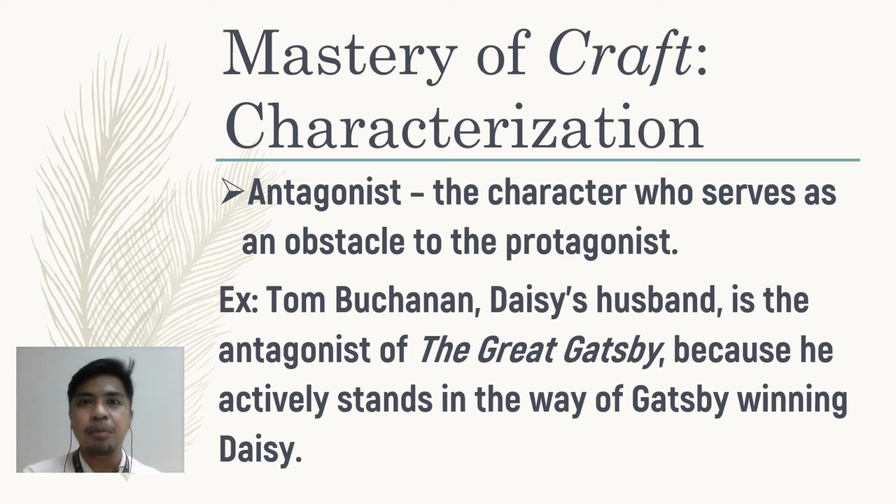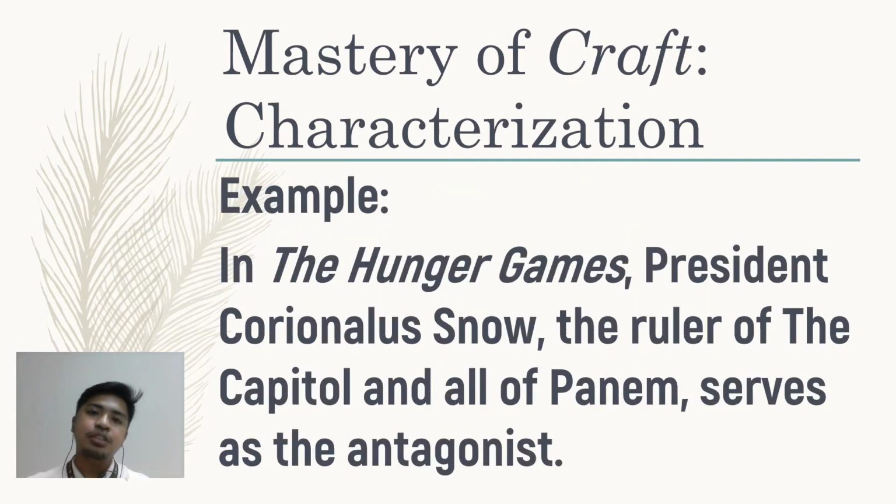Now, using the same example from The Great Gatsby, it could be said that Tom Buchanan, Daisy's husband, is the antagonist of The Great Gatsby because he is the one who actively stands in the way of Jay Gatsby and Daisy. Also, in the Hunger Games, it is President Coriolanus Snow who is the antagonist. He is the ruler of the capital, and all of Panem, he serves as the antagonist of the story.